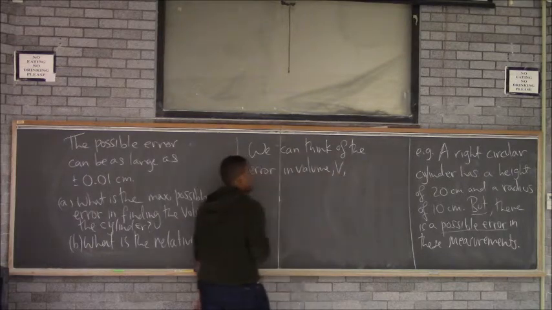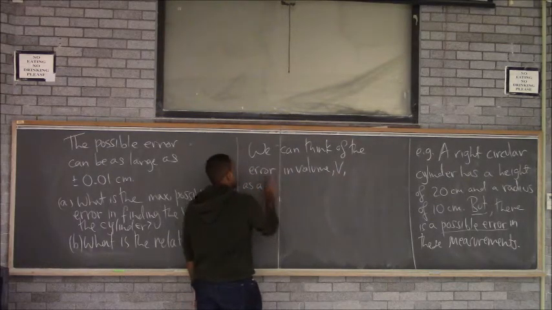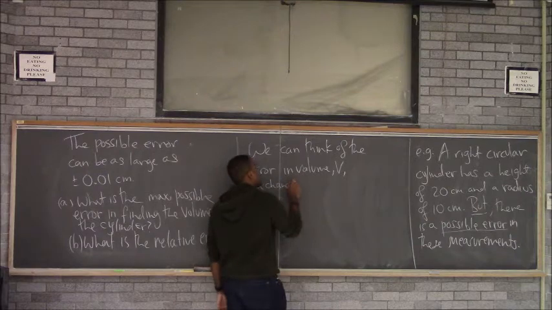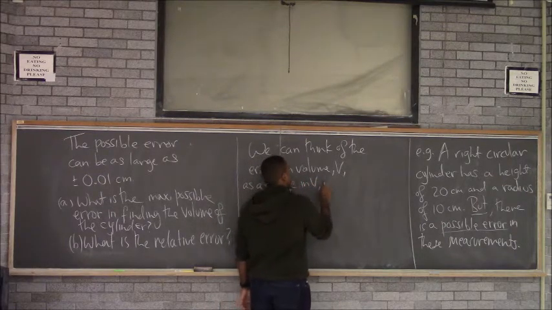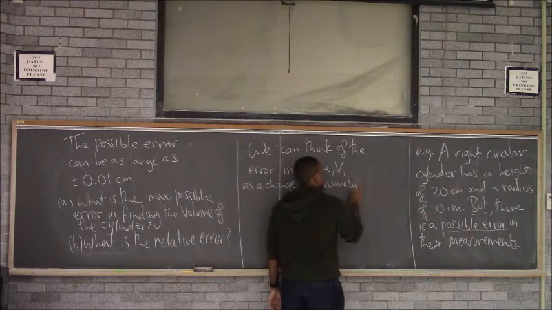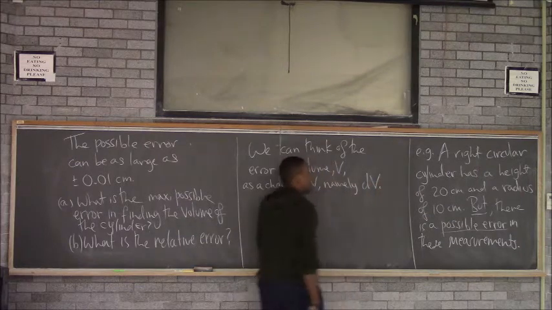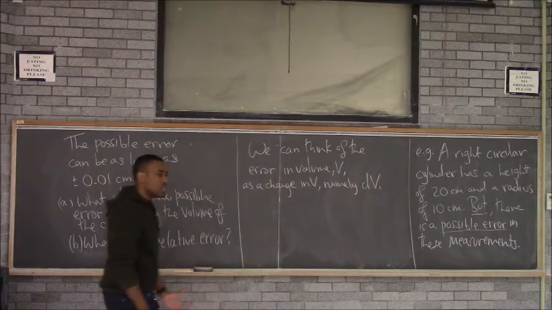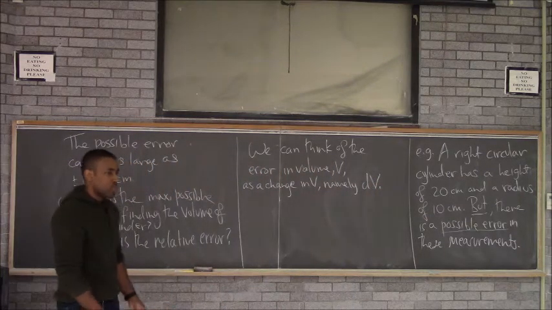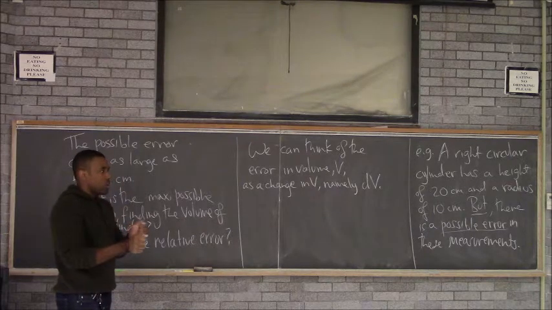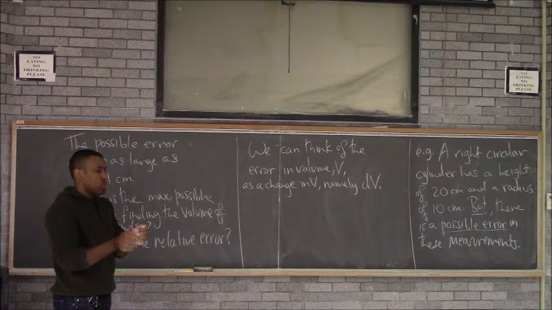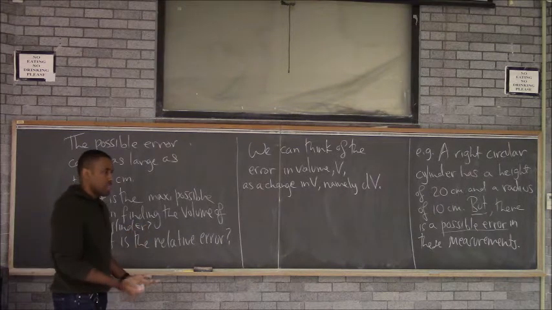Let's call volume V as a change in the volume. Namely, I'm going to measure dV. dV is going to tell me how big the error is, right? What is the change in volume that results in me moving from, say, 20 centimeters to 20.01 centimeters? What is that error going to be?